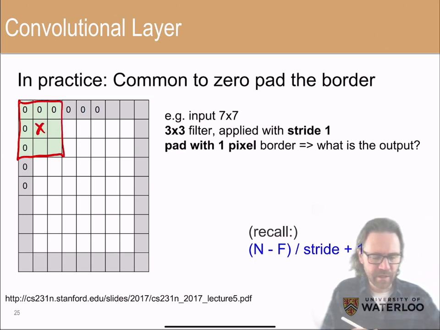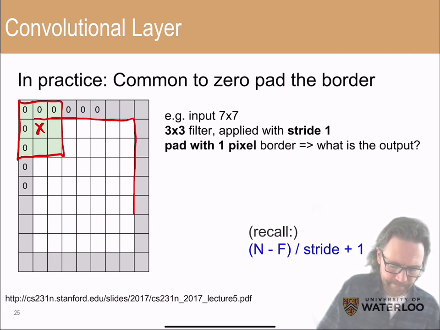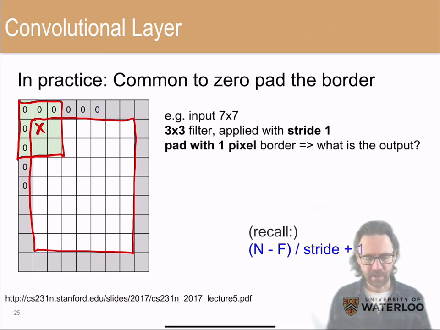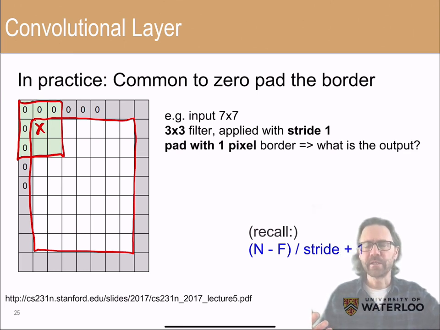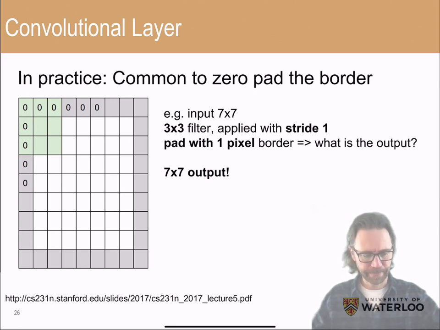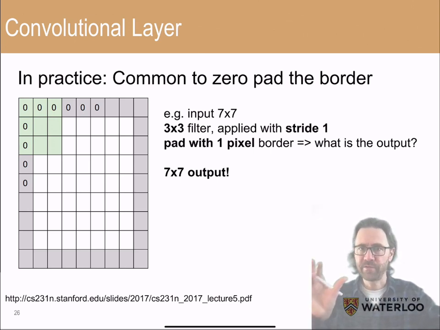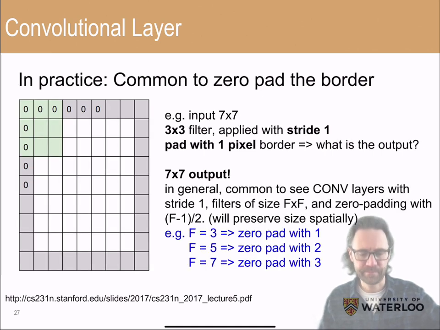Before, we couldn't really put our kernel up in that top left corner. Remember, this here is our actual image, and we've padded it with zeros so that we could push our kernel up into the corner. Because of this, it allows us to create an activation map or feature map that's the same size as our input image. So we had a 7 by 7 input image, and if we pad by 1 using a stride of 1 and a filter that's 3 by 3, we can have the next layer again still be 7 by 7.